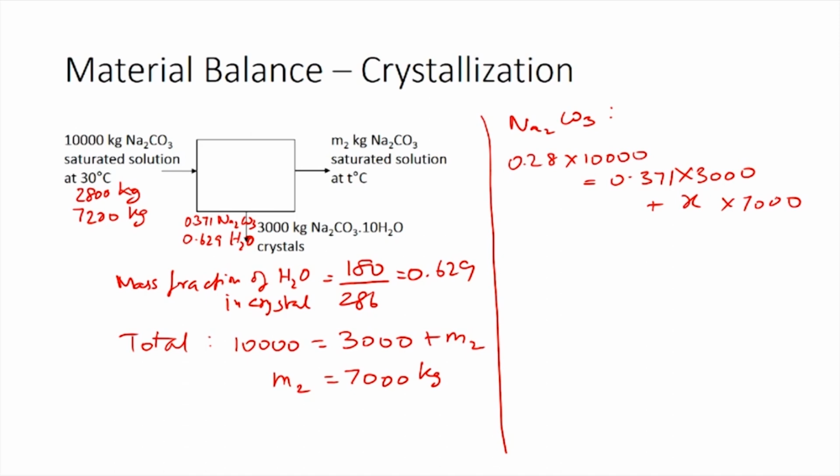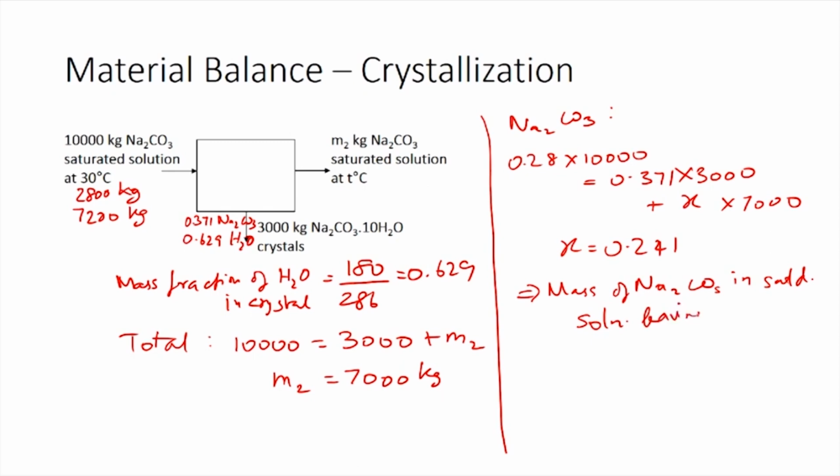So, this value can be calculated as X equals 0.241. So, based on this, mass of Na2CO3 in the saturated solution leaving is equal to 0.241 times 7000, which gives you a value of 1687 kilograms.